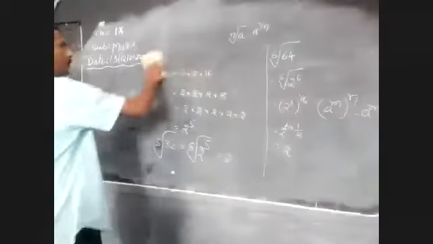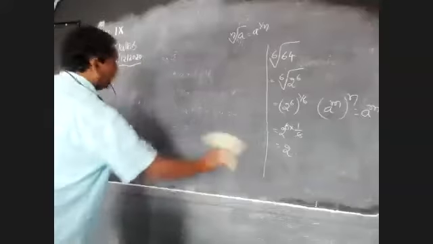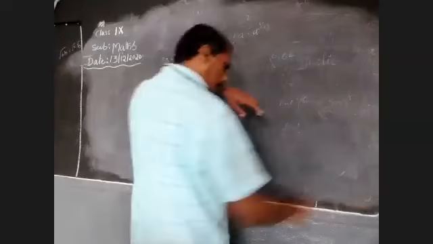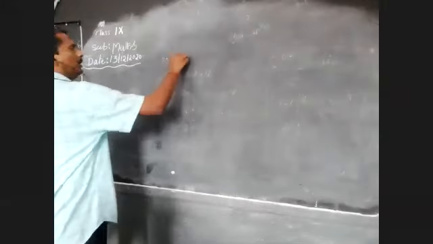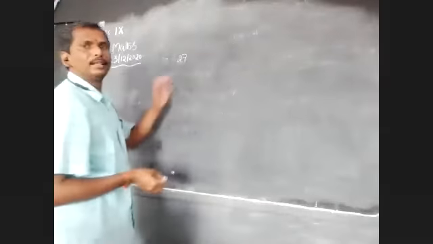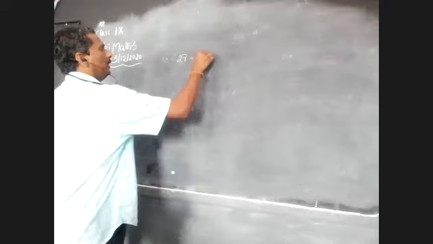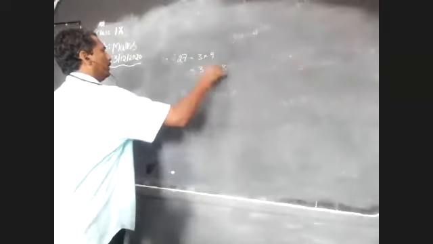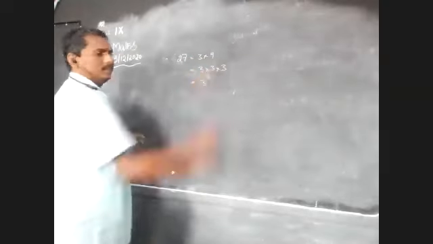Here is one more example. Suppose the number 27 is given. Write it in prime factors: 3 into 9, 3 into 3 into 3. So 27 can be written as 3 cube.